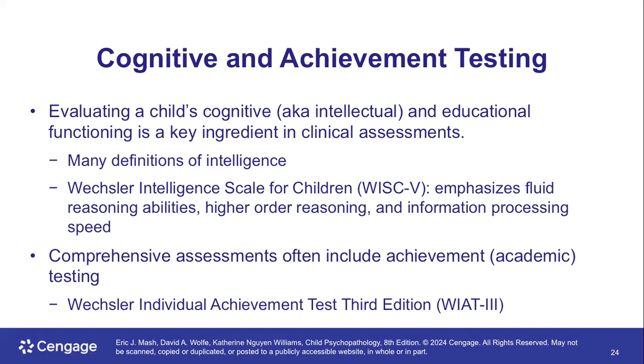So for clinicians, we tend to boil things down to whatever psychological test you're using. An example of a psychological test which you would use is the WISC. And the WISC can be used from about 6 to 16 years old. So it's a wide range.